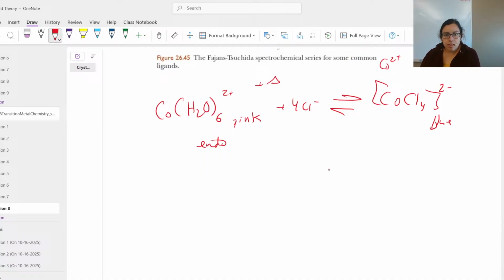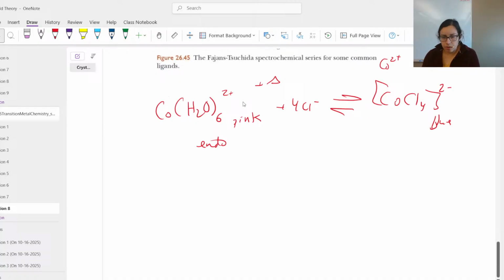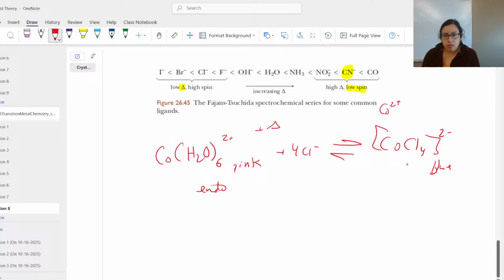And so let's at least think about how it translates to the color, and we'll try to indeed verify that it's high spin, or at least, again, predicting. And so this is something that we want to keep in mind. And so I'll draw, so I assume this is tetrahedral. Now I'm not actually sure.